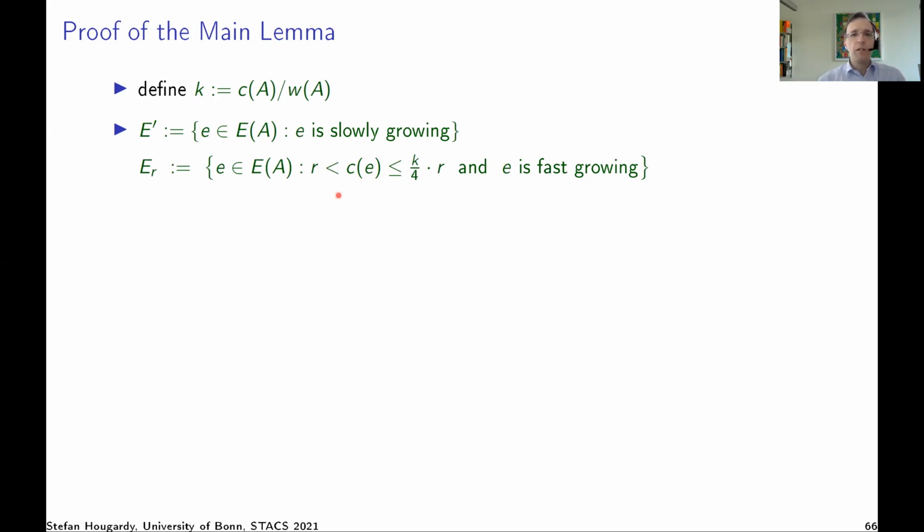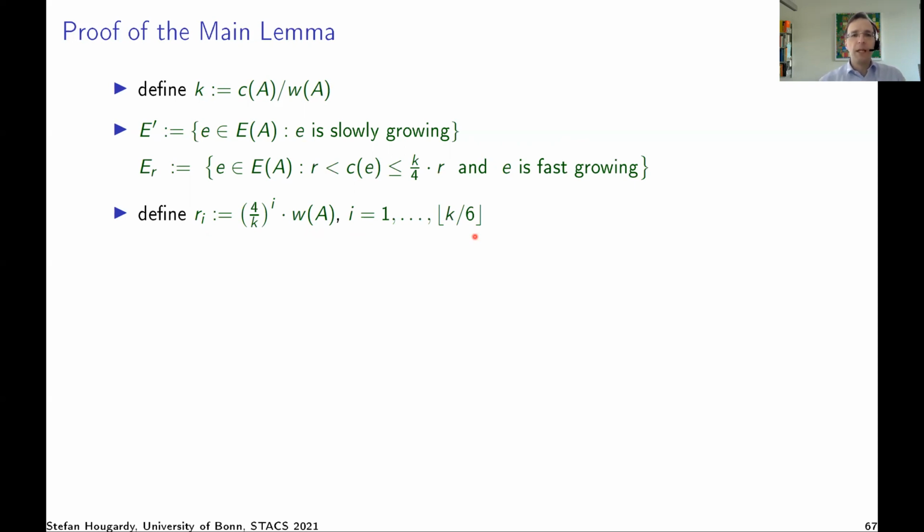And now we want to define R values so that we can partition the whole set of fast growing edges. And so for this, we simply define some sequence Ri, which is a geometric sequence, namely 4 over K to the I times W of A. And we define these numbers for I values between 1 and K over 6.